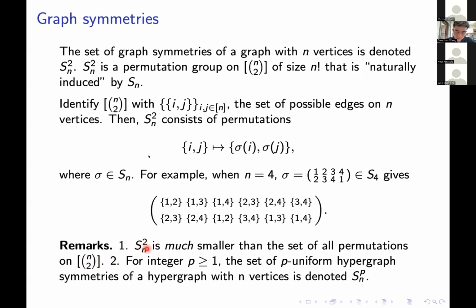One is Sn2. Another thing is S subscript n choose 2. And I'm saying S subscript n choose 2 is much bigger. Yeah, but this action on the edges is determined by the action on the vertices. Yes. And so how does this object relate to Sn?